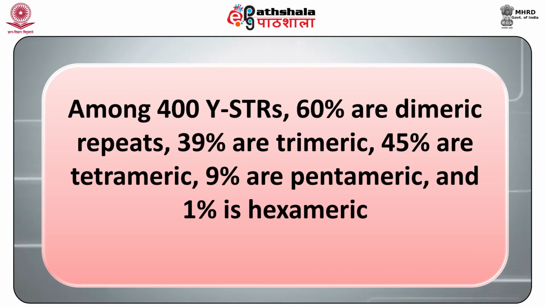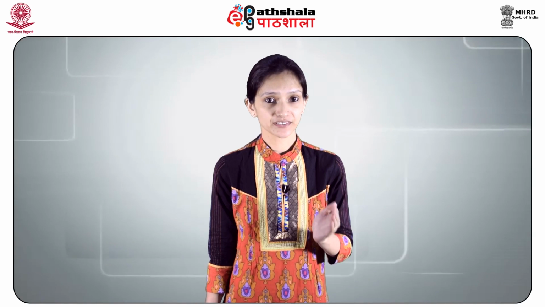YSTRs have been analyzed. Among 400 YSTRs, 60% are dimeric repeats, 39% are trimeric, 45% are tetrameric, 9% are pentameric, and 1% are hexameric. Fewer than half the STRs have been characterized.